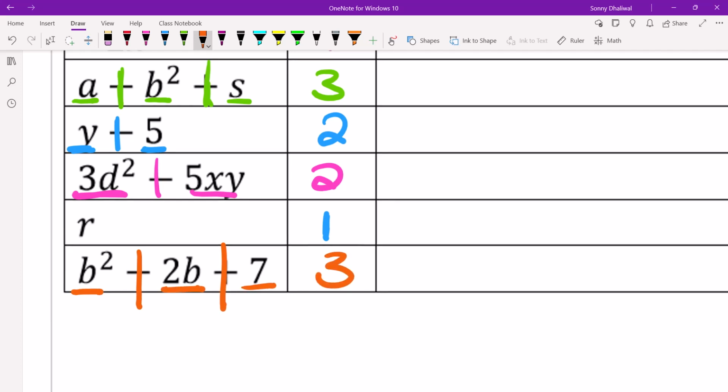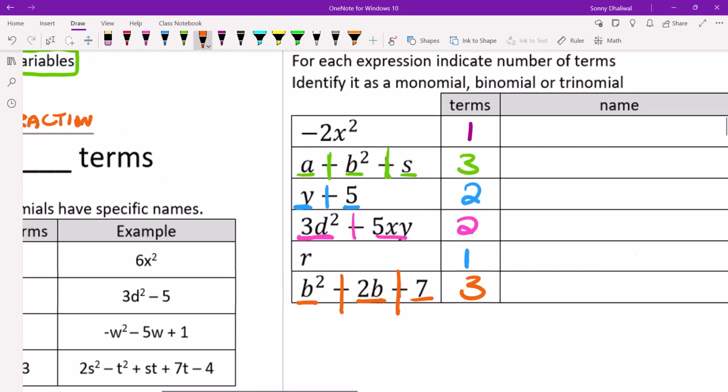That's it. All right? So it's going to be really important to be able to identify terms for 2 reasons. Terms, we match up terms, we add and subtract some things that we call like terms. We'll talk about that next day. And also, the name of each one of these expressions depends on how many terms there are.